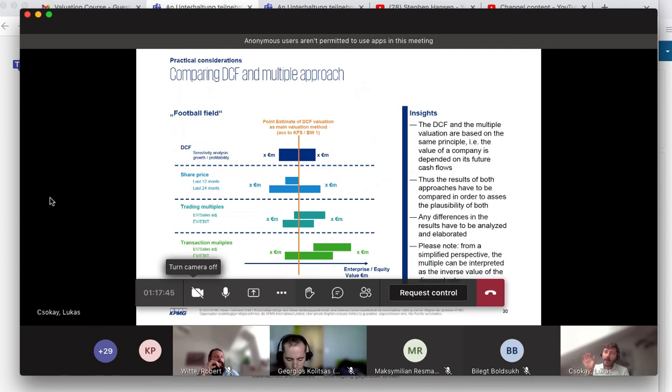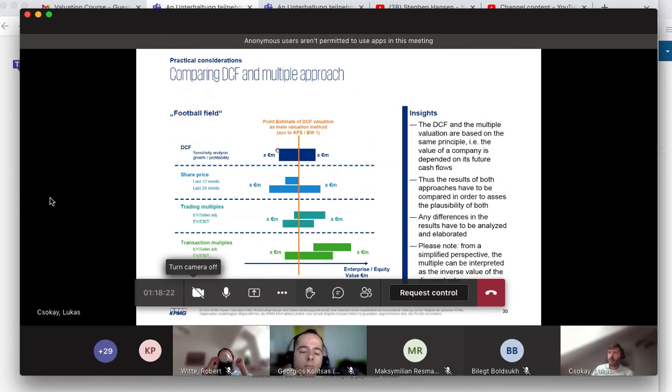Instead, we would really show each valuation method and its different values. And in the best case, all of the different valuation methods come to more or less the same value or the same conclusion. For example, in this case, we have here the DCF value. This orange line is the point estimate of our DCF value, so let's say the management case. And then we performed certain sensitivity scenario analyses.